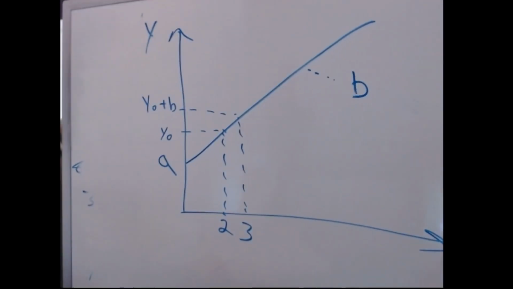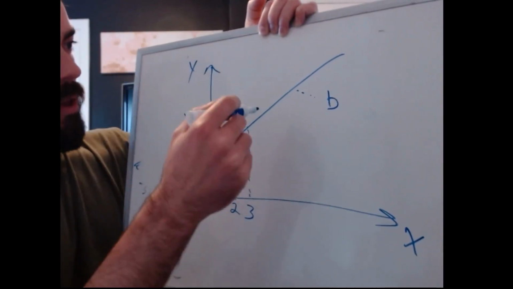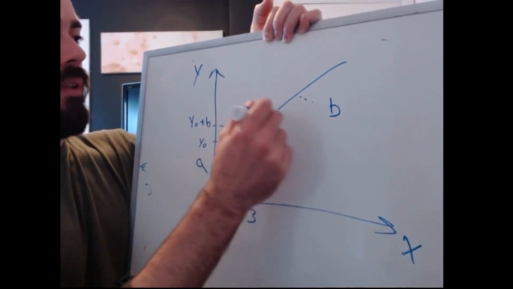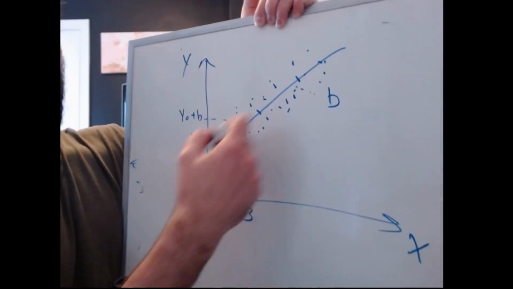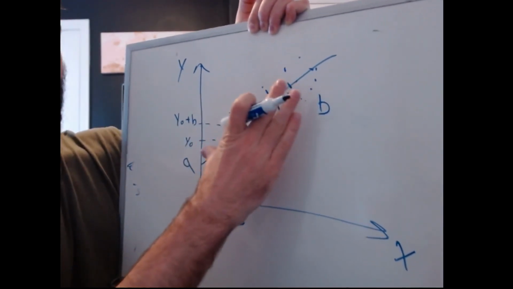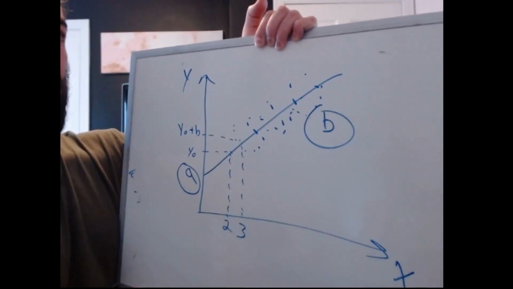So we've got all this data, x and y. We plot all that. We draw a line that best fits the data, and then we figure out, now that I have my line of best fit, what is that line's intercept and what is that line's slope?